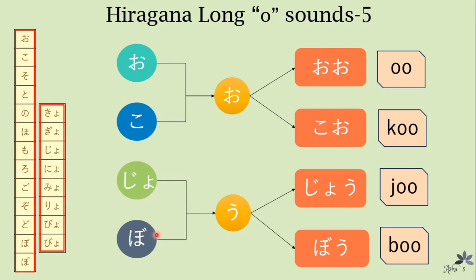When Jo is added to U, we get the long sound Jo. You should not pronounce it as Jo-U. It is Jo. Bo is added to U. It makes the long sound Bo. I'll read it once again. O, Ko, Jo, and Bo.